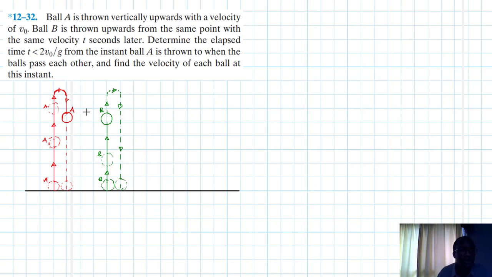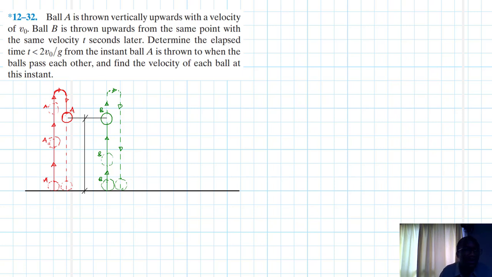So we are saying these balls are thrown in a way that there's a lapse of time t.